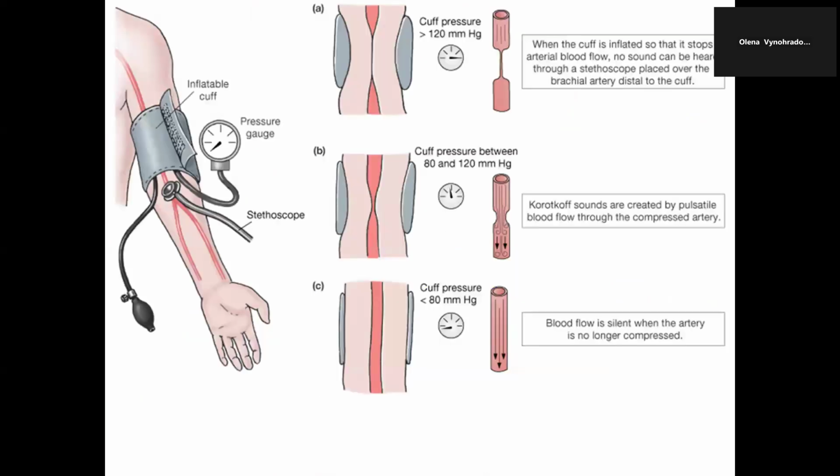Let's talk about measurement of blood pressure. When we talk about blood pressure, we know that blood pressure normally consists of two values, or two numbers. These numbers are systolic and diastolic. Systolic pressure is the pressure we can register in our arteries during heart systole.